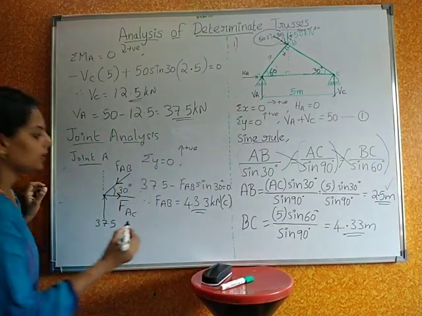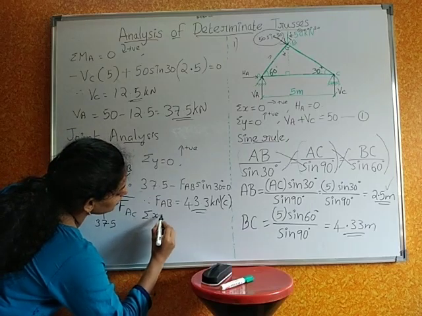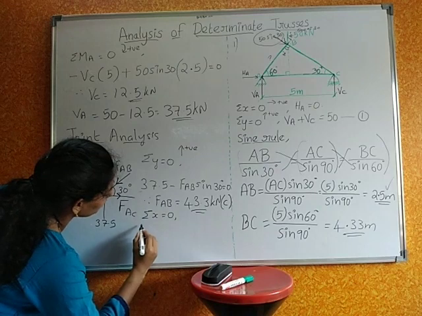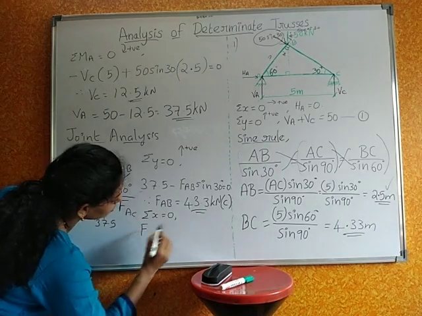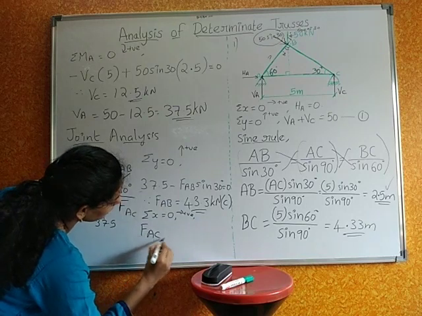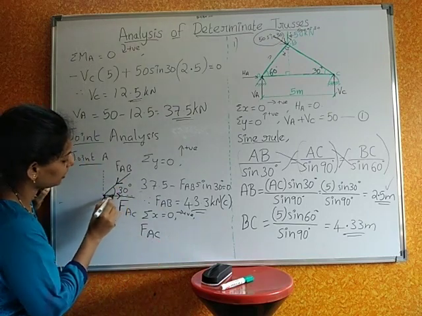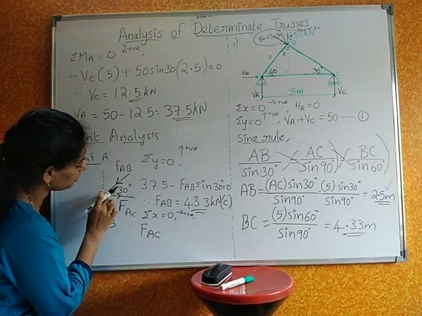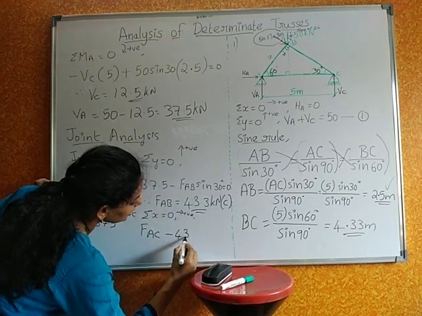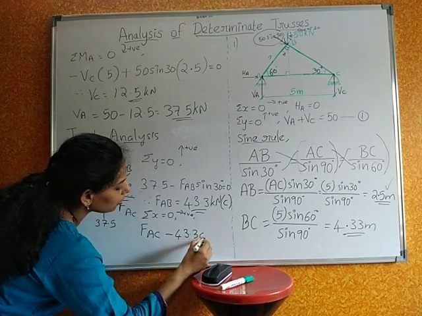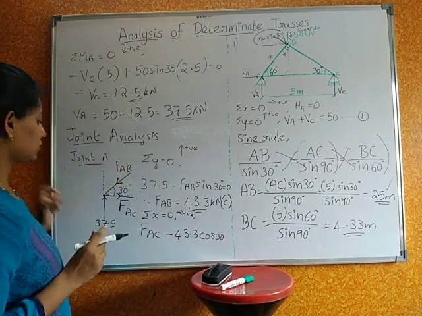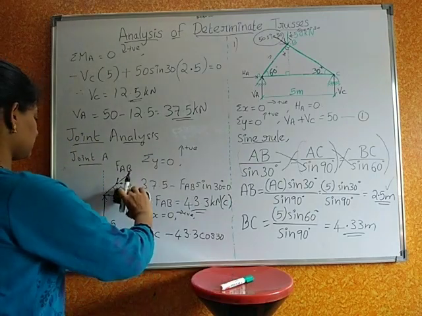Next, consider summation x equal to 0. Towards right is positive by assumption. So FAC, and while resolving FAB it will be towards left, so minus FAB, which is 43.3 cos 60. Sorry, it is 60 degree over there.